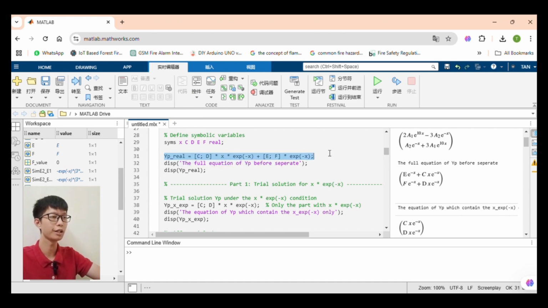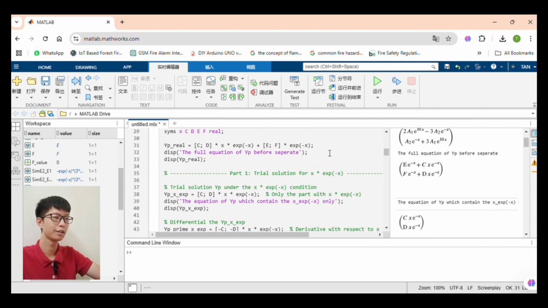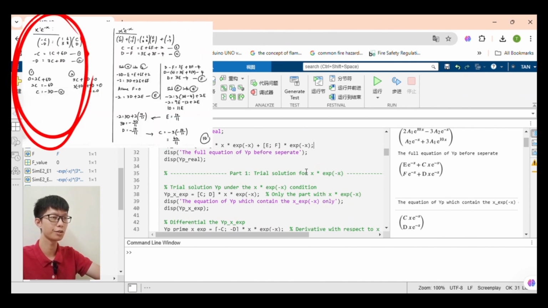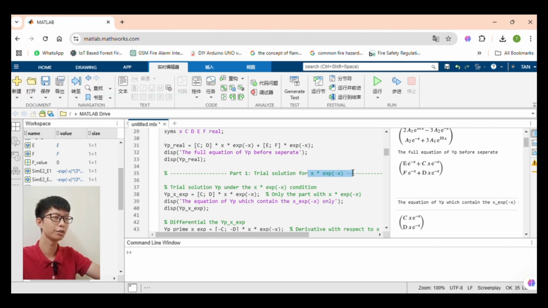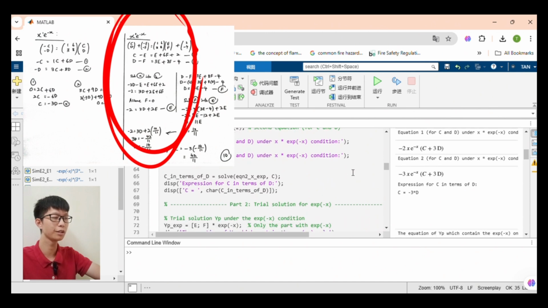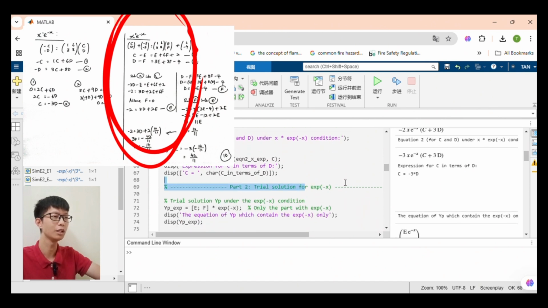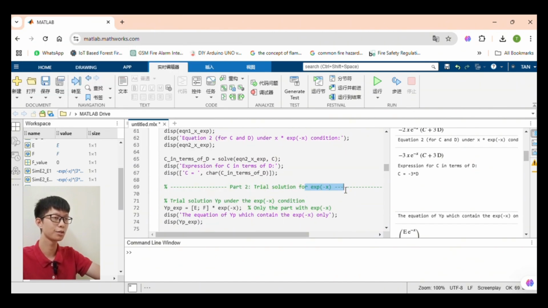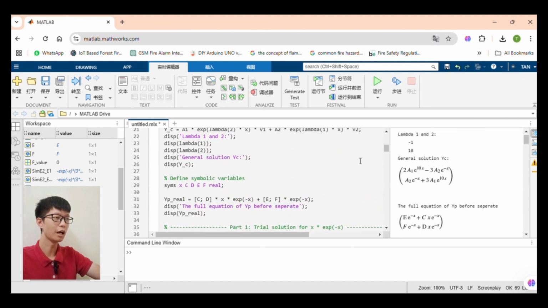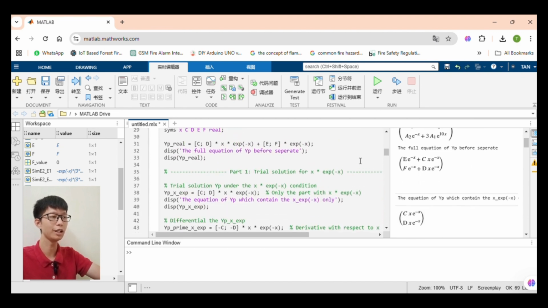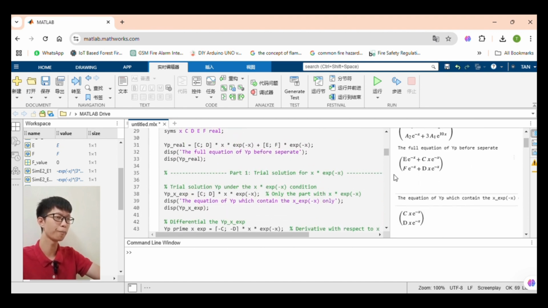Based on the concept I use in the manual calculation, I will separate the YP general solution into two parts. Part 1 contains just x times exponent of -x, and part 2 contains exponent of -x only. This can be used to simply solve the unknowns C and D, and E and F, in the different parts.